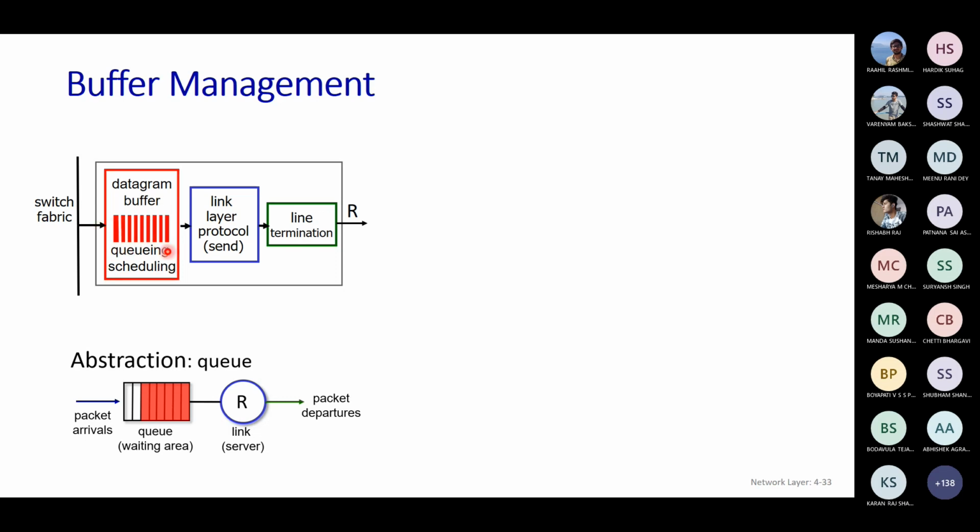Now we are making an abstraction of this. There's a switch fabric which is transferring the data to this output port, so here we have the packet arrivals. There's actually a physical buffer which keeps the packets, and this is the abstraction of that queue. It is the waiting area for all the packets that are arriving.